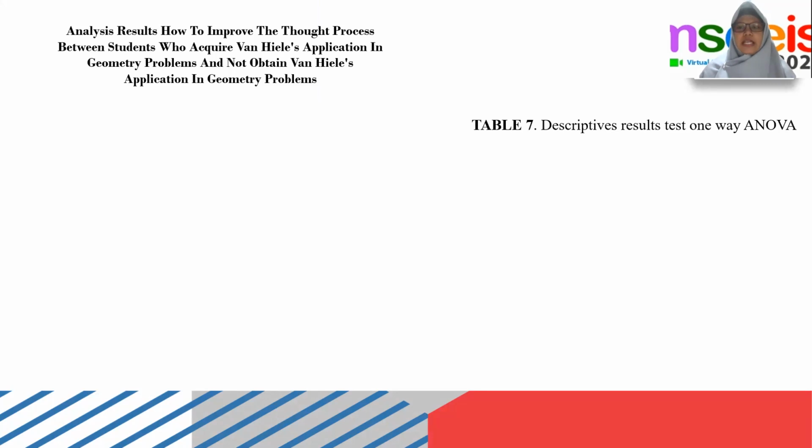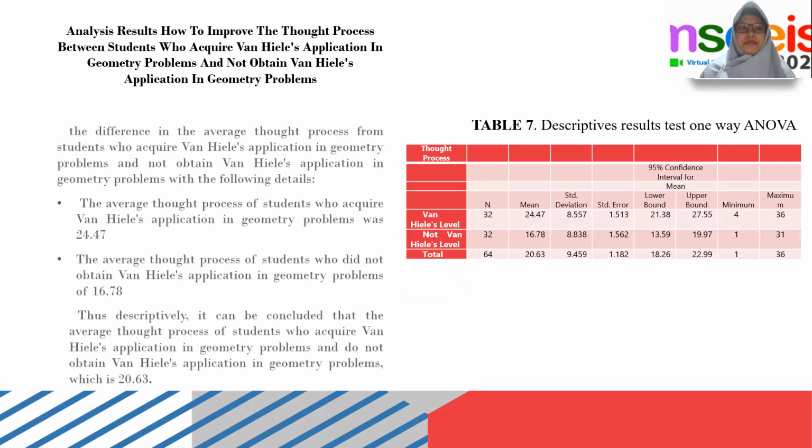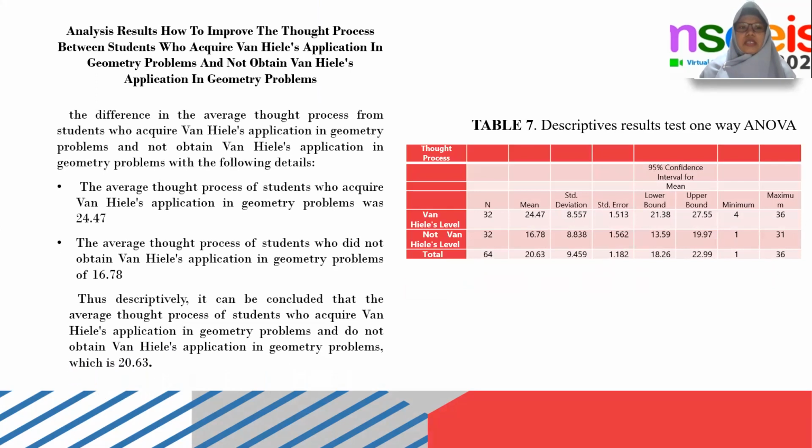Table 7, descriptive result of the one-way ANOVA test. The difference in the effect on thinking process of students who acquired Van Hiele application in geometry problems and those who did not, with the following detail. Number 1, the effect on thinking process of students who acquired Van Hiele application was 24.47.